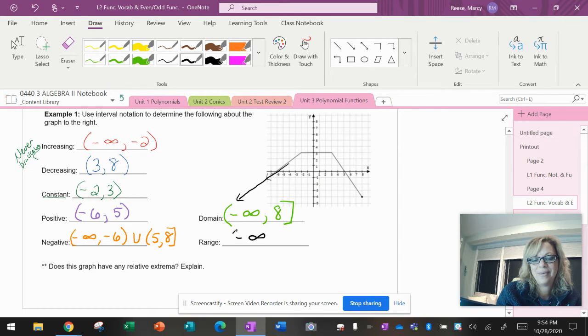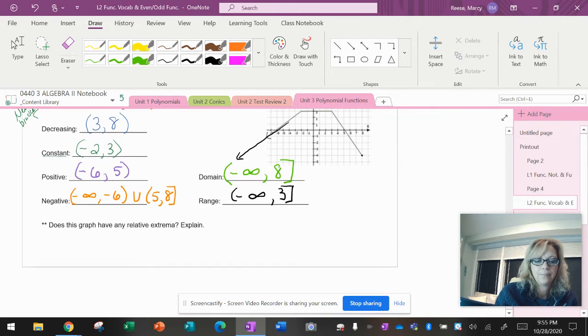Good thing I took a peek, because I normally write notes on the side in case I forget to say something. And then it goes up to 3 and stops at 3. And there's a bracket there. Okay, so I think I got everything on that. It's so colorful. All right.